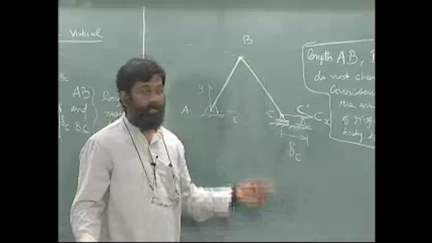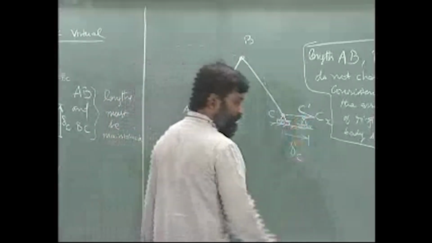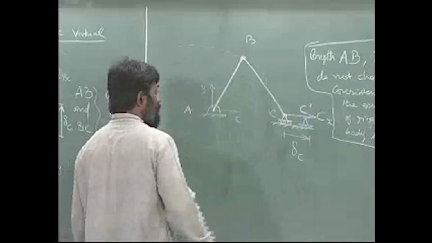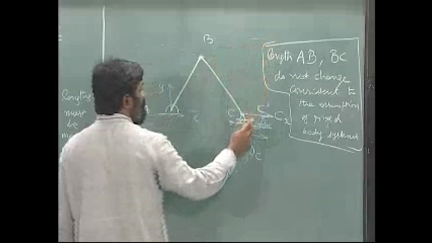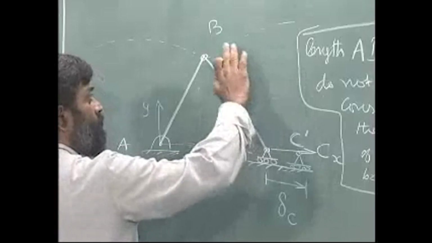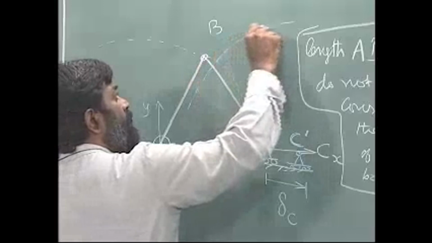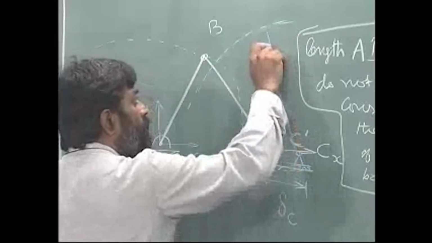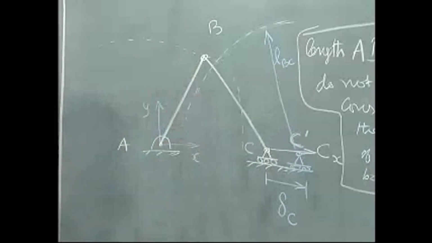I just have to find out. I know that B can only rotate like this. So if I take in a similar way and draw a radius equal to BC, I will get something like this, okay.